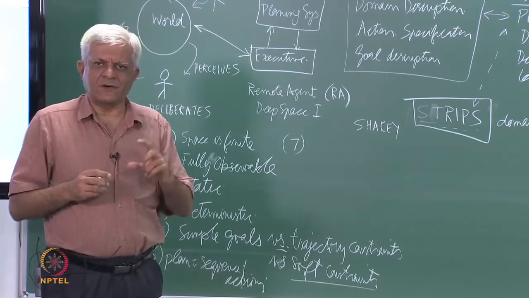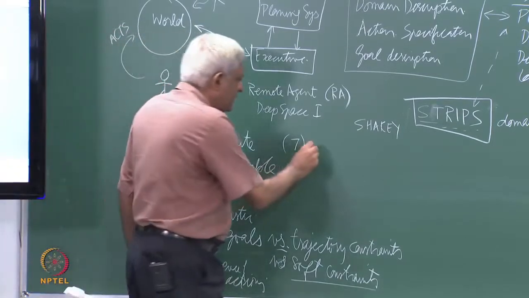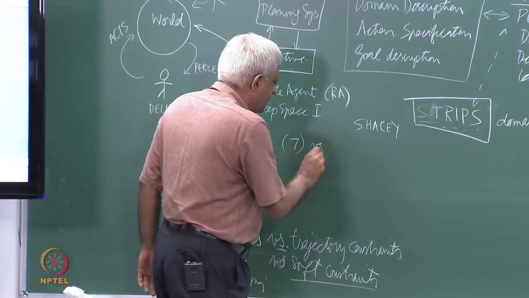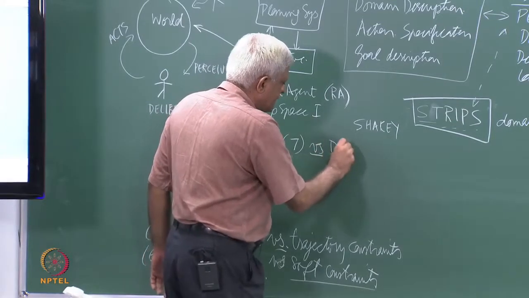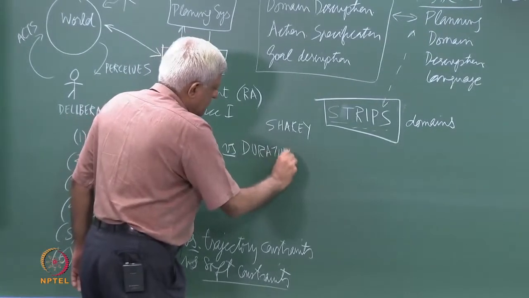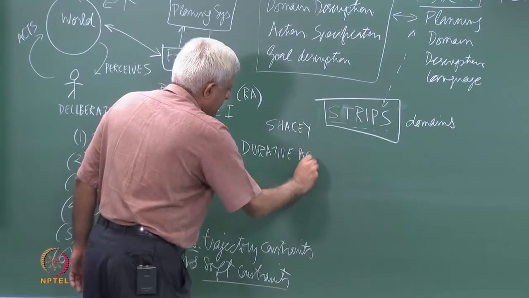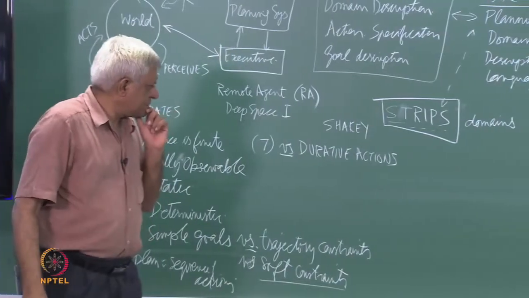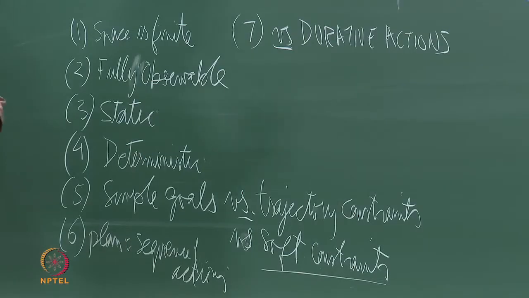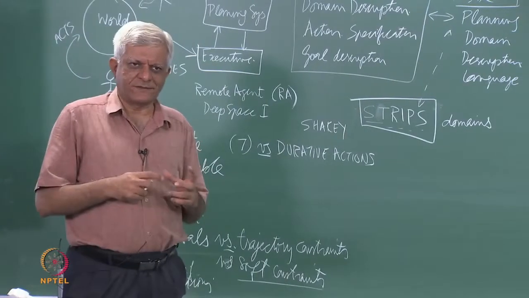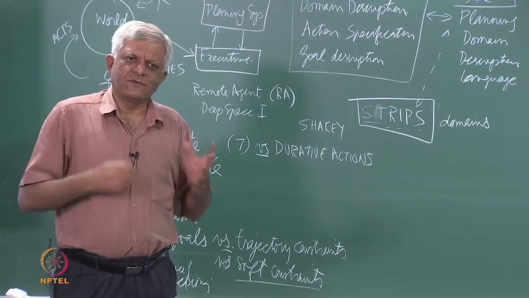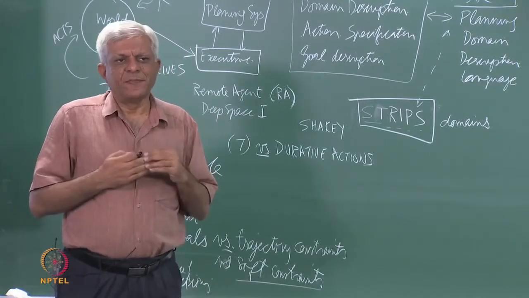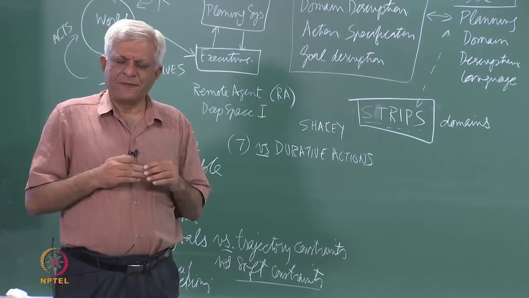If you want to take that into account, then what we have so far is instantaneous actions, but what we can have is, I will just write, versus durative actions. By durative actions we mean actions which have durations, and then you can even start talking about doing things in parallel once you are talking about time and duration.